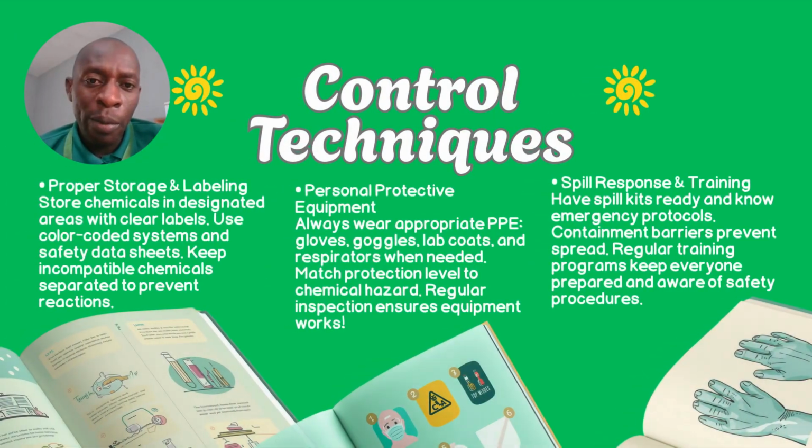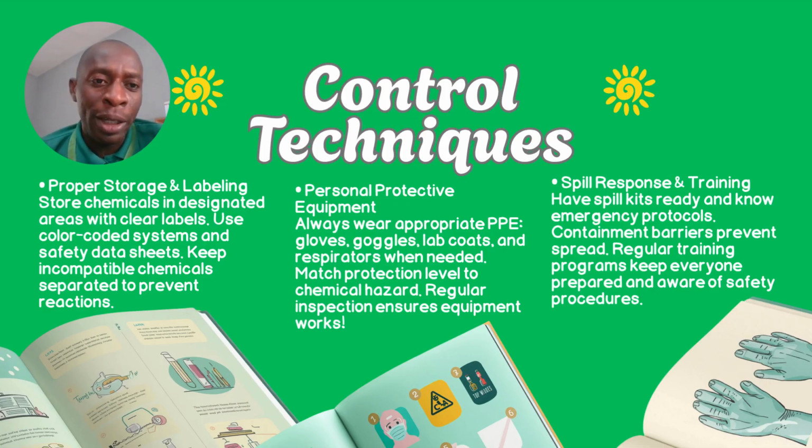Control techniques for monitoring chemicals. Number one, you need to have spill response and training. Every chemical user must have a regular training program that keeps everyone prepared and aware of safety procedures.